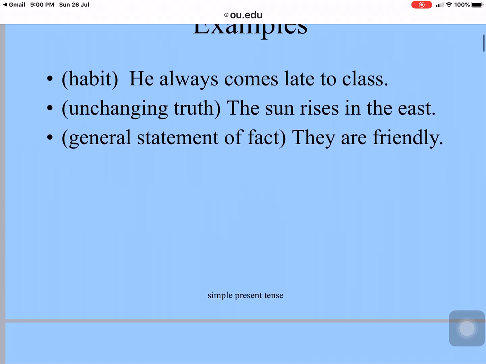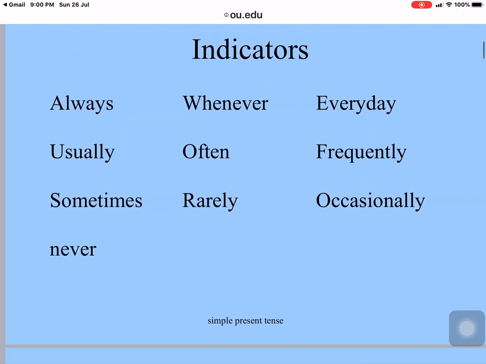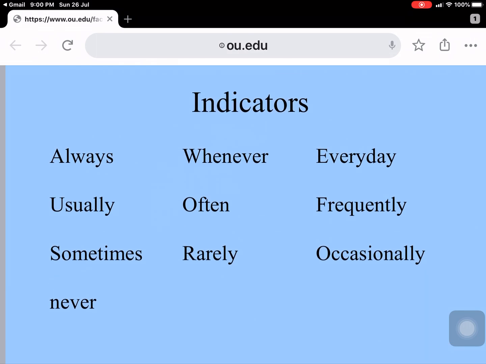Now, how can you recognize that a particular sentence is in simple present tense? More often we get indicators like always, whenever, every day, usually, often, frequently, sometimes, rarely, occasionally, never. These are the indicators to recognize simple present tense.